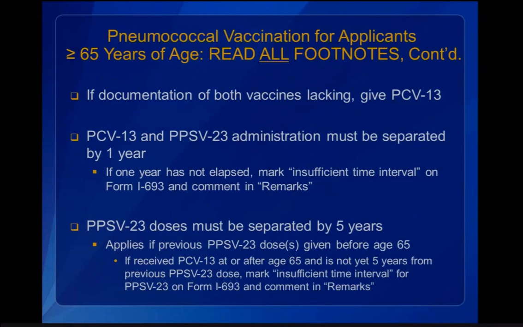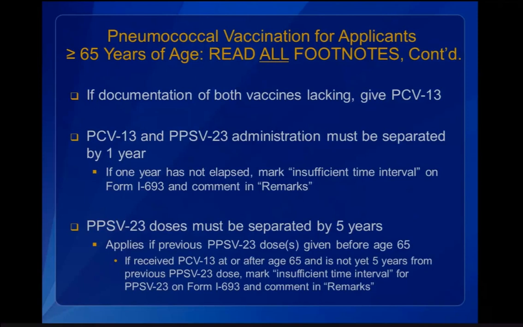Now, that recommendation may change as the ACIP medical experts learn more. But what they're saying is, you wait until you're 65, then you get these vaccines. If you got the polysaccharide when you were 63, you can't give the polysaccharide if you see this person at age 65.